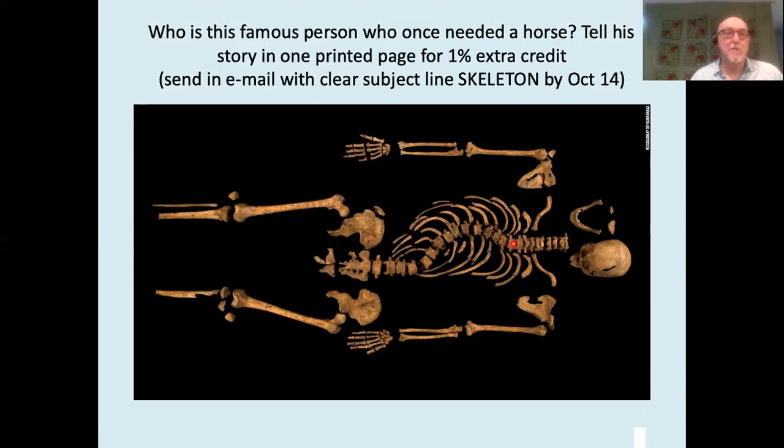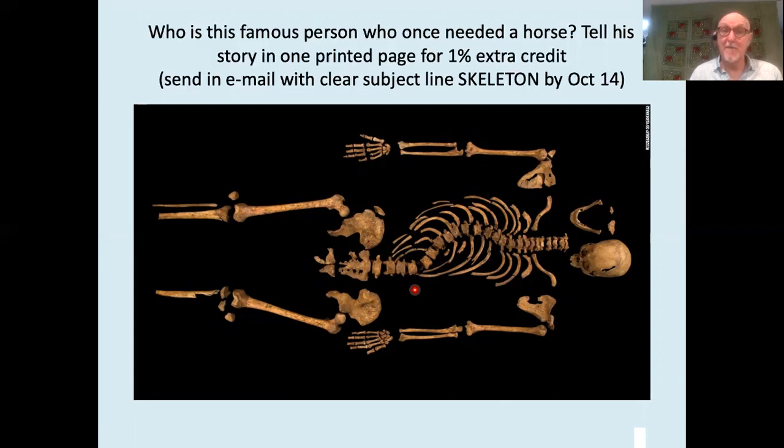So he's a very famous person, and you will easily be able to find out who he is. I want you to tell me his story, but I want you to explain carefully what his disorder was and how that might have affected him, how it might have impeded him.